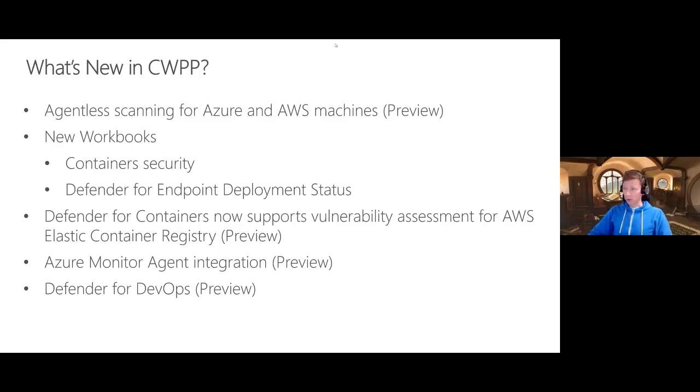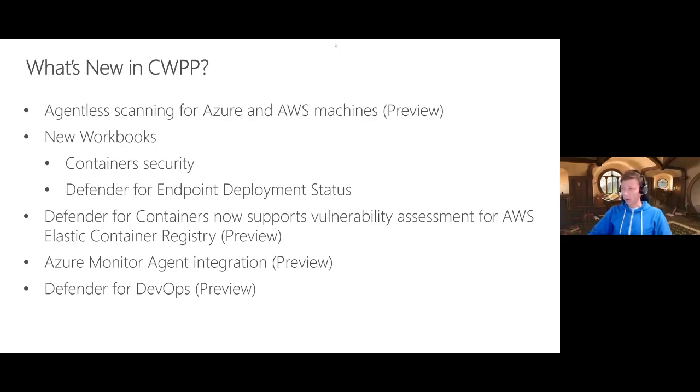So the first one is the agentless scanning for Azure and AWS machines. I'm going to spend some time explaining how this works, and I'm going to show you the results of this. We also have several new workbooks that we've published to our built-in library and also to our GitHub repository.